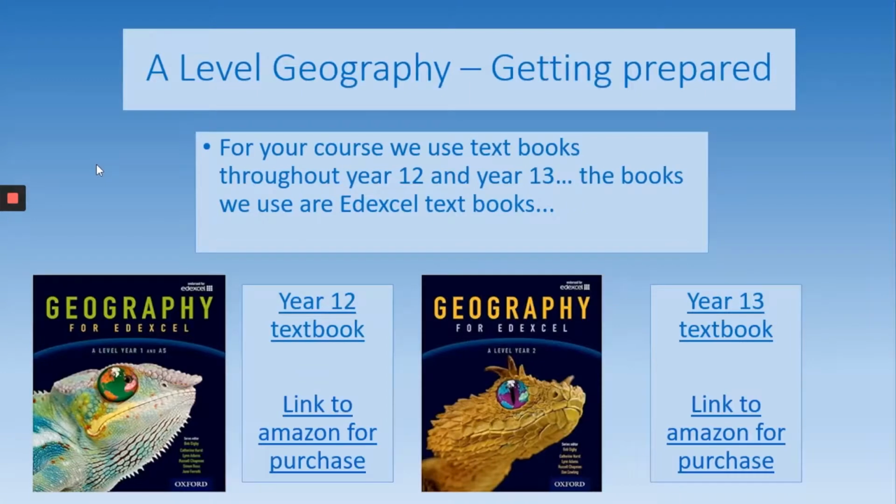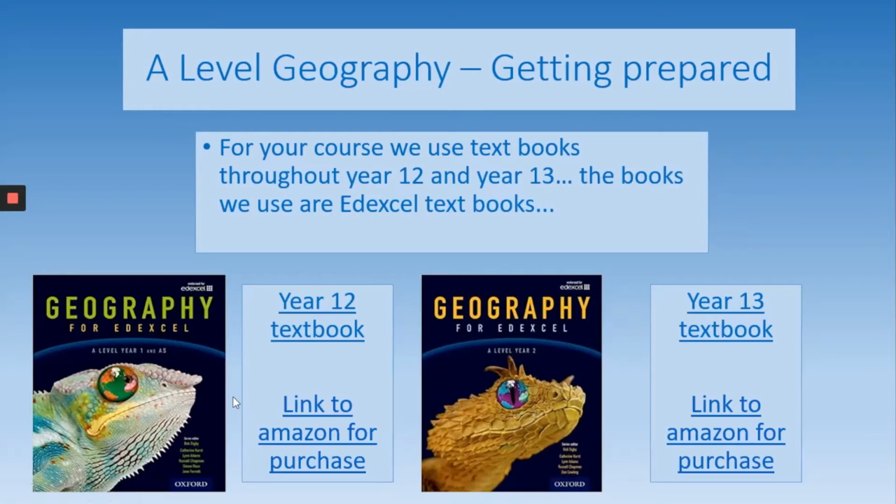In terms of getting prepared, we use Geography for Edexcel textbooks. We use these throughout Year 12 and 13, and there are 2 separate books, one for Year 12, one for Year 13. I've sent a picture of them here so that you can see these, and I've also put links to both of those if you did want to order them ready for next year. I would highly recommend ordering the Year 12 textbook so that it's arrived ready in time for September.